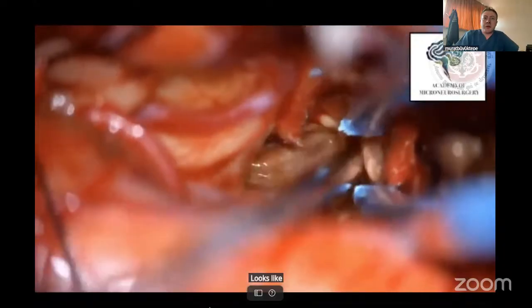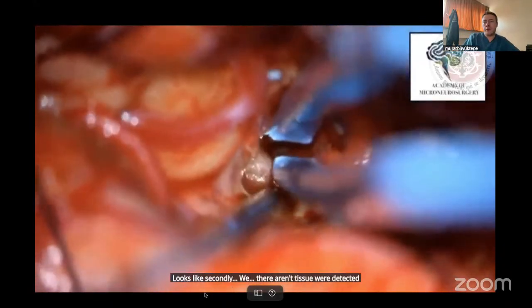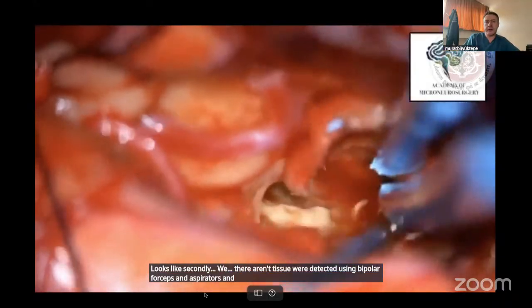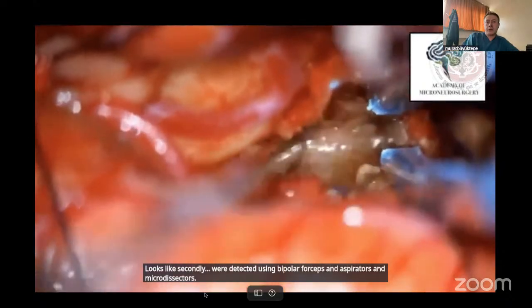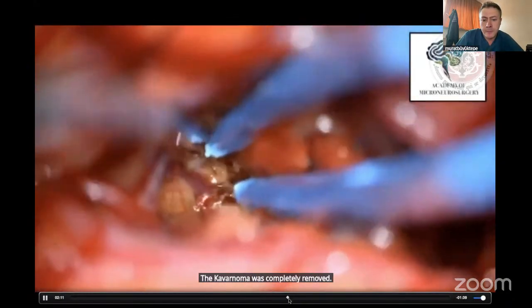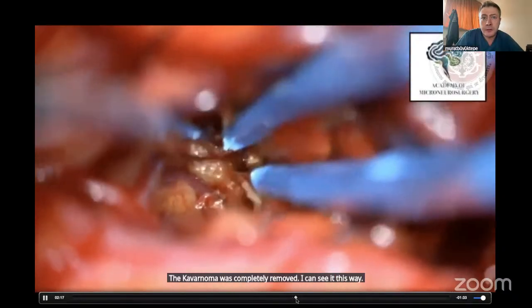Subsequently, the adherent tissue was dissected using bipolar forceps, an aspirator, and a micro dissector. The cavernoma was completely removed.